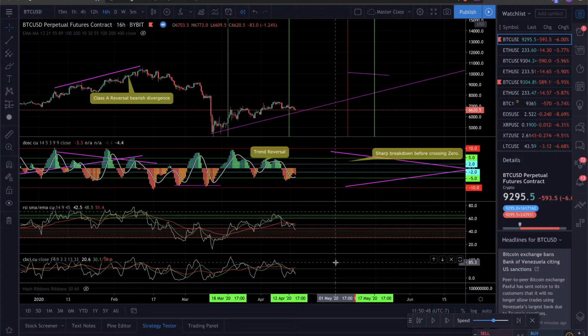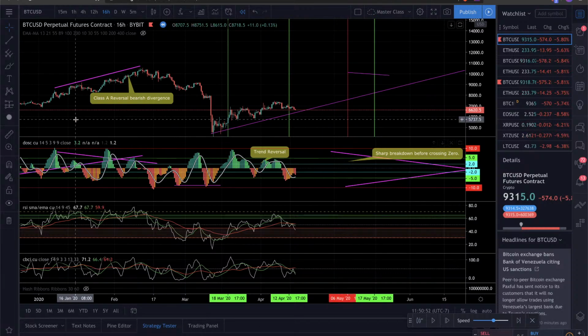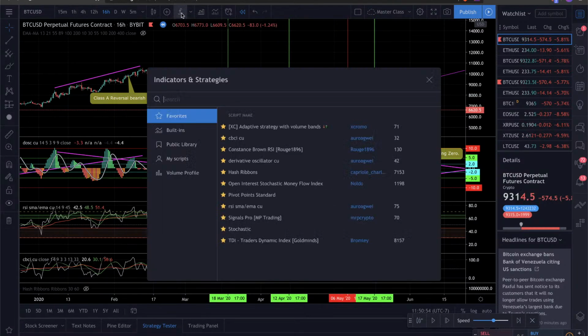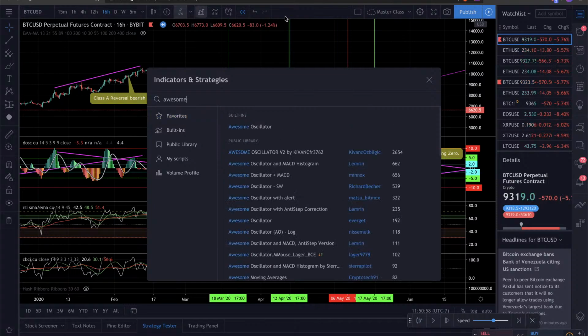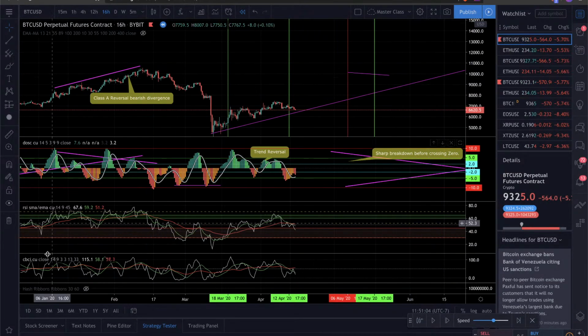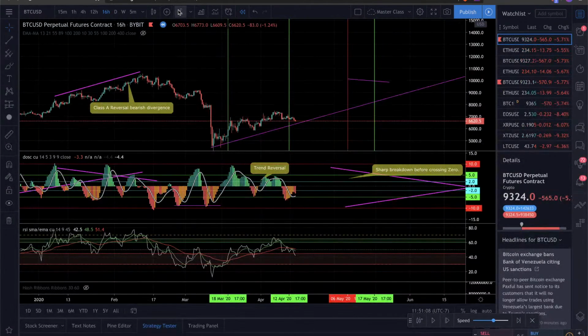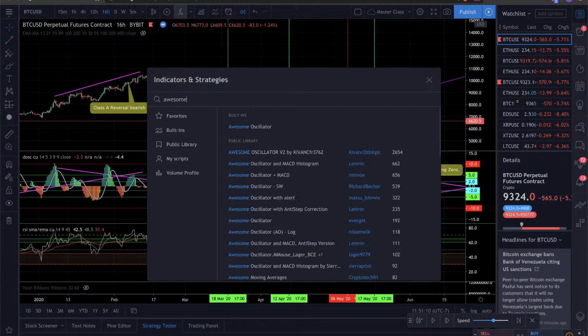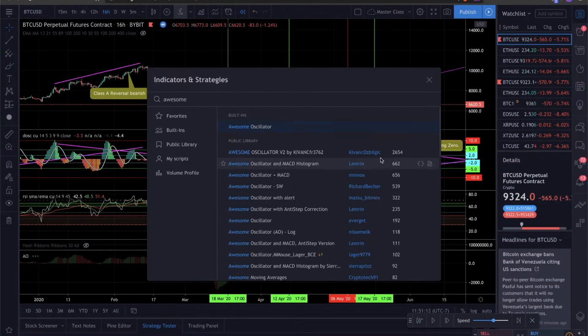All right, so it's actually called Awesome. The Awesome Oscillator, of course. Oh, okay.